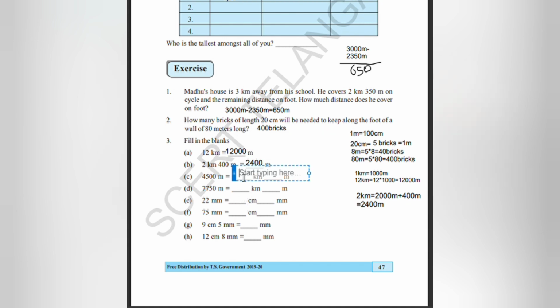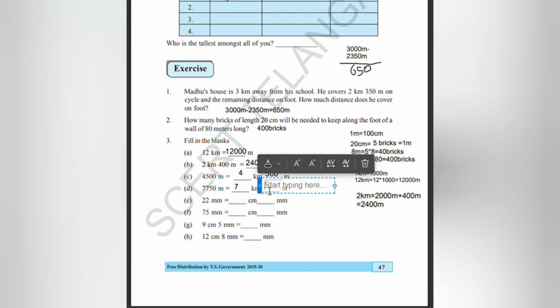Next, 4500 meter, that is 4 kilometer 500 meter. Then 7750 meter, that is 7 kilometer 750 meter. Then 22 millimeter is equal to dash centimeter dash millimeter.